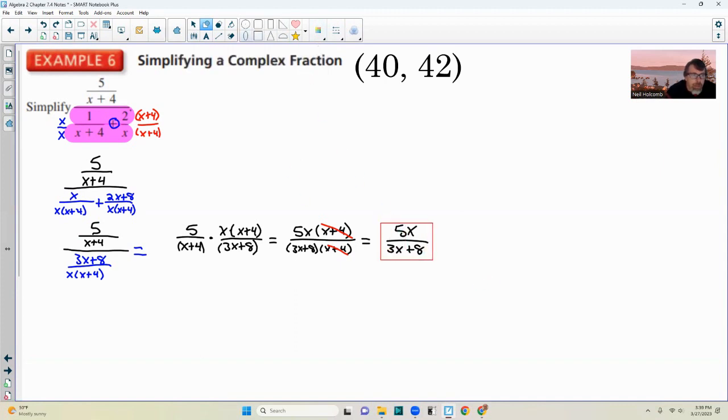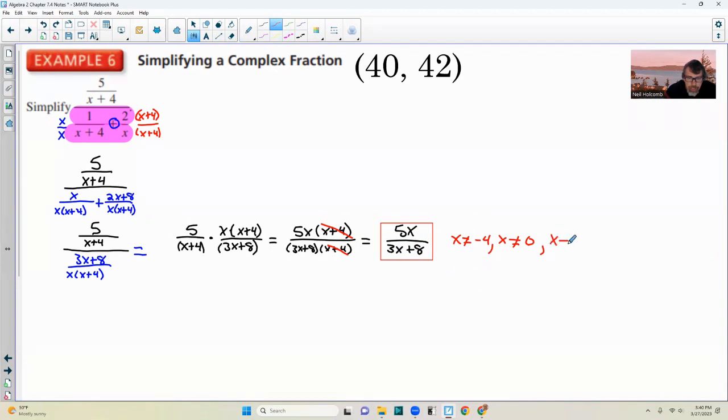There's my answer. Don't forget to restrict your domain. Anything that's in the denominators cannot be zero. So x cannot be -4, x cannot be -4 again, and x cannot be 0. And I'm going to take that one step further. What makes this denominator 0?